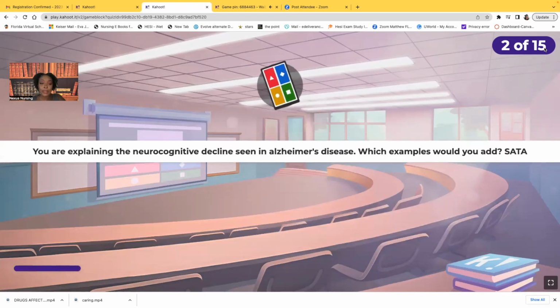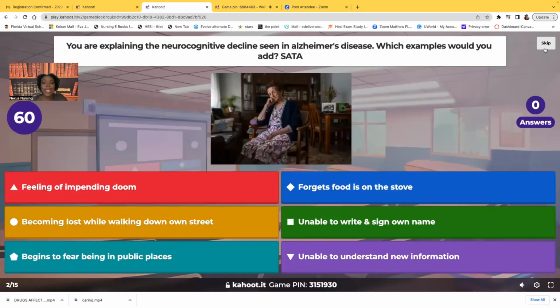Select all that apply. You're explaining the neurocognitive decline that's seen in Alzheimer's disease. What examples would you add to your explanation? And here are your choices. Feeling of impending doom, forgetting that food was on the stove, becoming lost while walking down the person's own street, being unable to write or sign their own name, beginning to fear being in public spaces, being unable to understand new information.